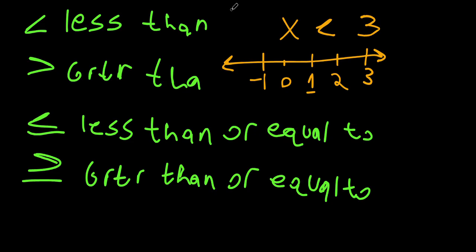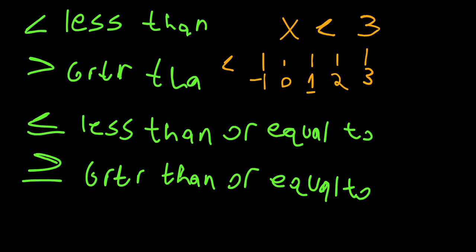Now, let's say you add the or equal to sign to it. Now it changes. The only thing that changes is that it includes 3 now. Whereas it used to go up to 2.99, when we put this symbol, it includes 3. Okay.